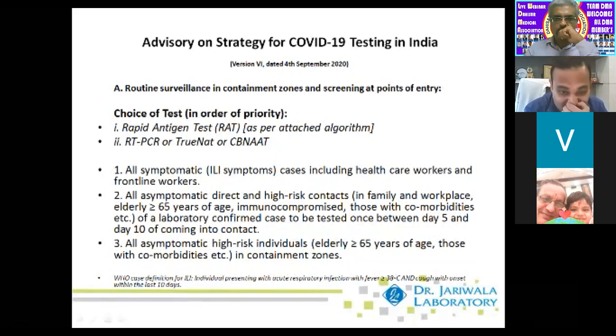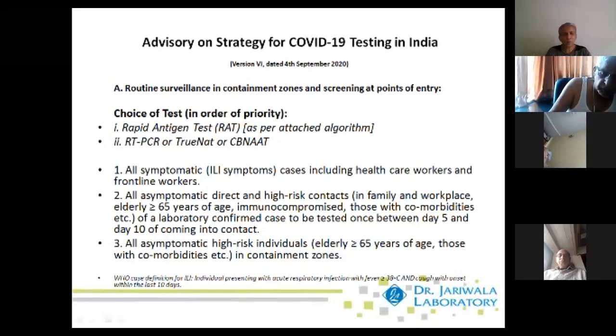So in these zones, ICMR says that you should do a rapid antigen test first for all patients who are symptomatic. So this includes all symptomatic healthcare workers, direct and high-risk asymptomatic contacts, people having other comorbidities, or asymptomatic high-risk individuals who are living in containment zones, even if they have not been exposed to a close contact, to a positive contact.